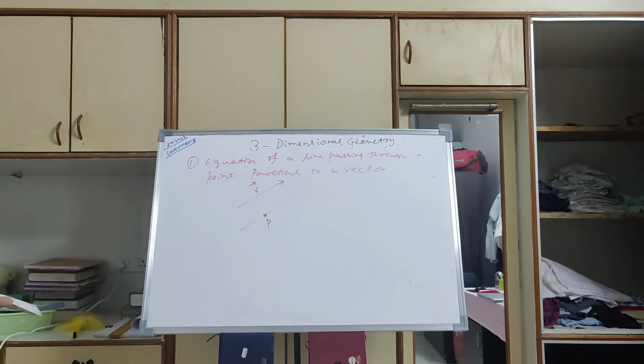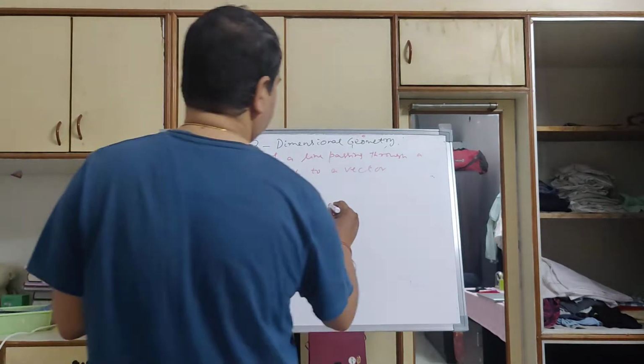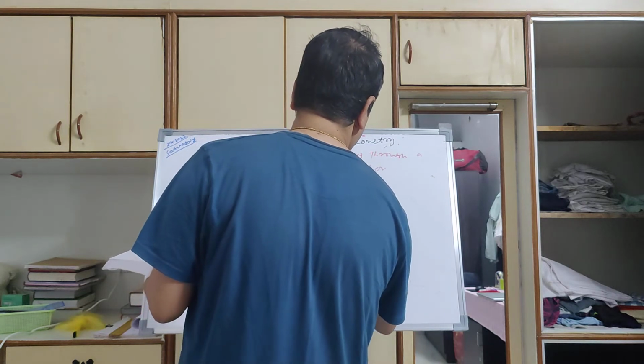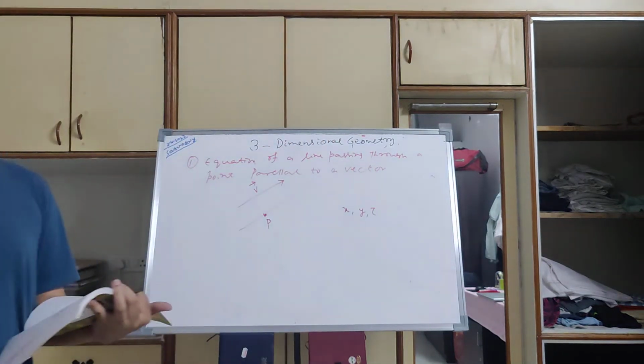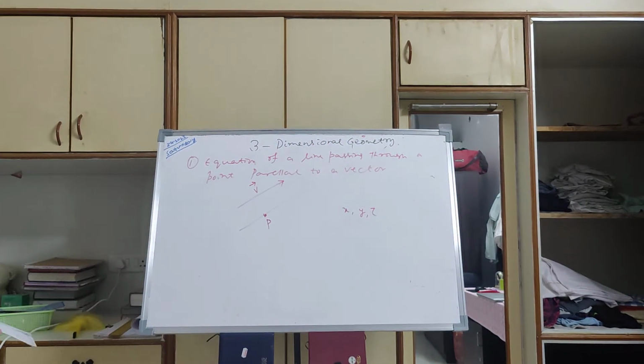When you write the equation of a line in 3D, it will always be in terms of x, y, and z. At any point, you replace the coordinates of x, y, and z.